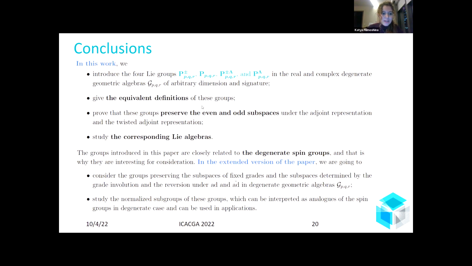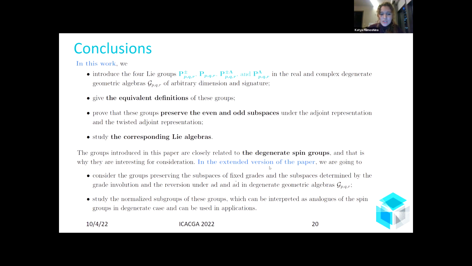We also prove that these types of groups preserve the even and odd subspaces under the adjoint and twisted adjoint representations. Moreover, we studied the Lie algebras of these Lie groups. These four types of groups are interesting for consideration since they are closely related to the degenerate spin groups.